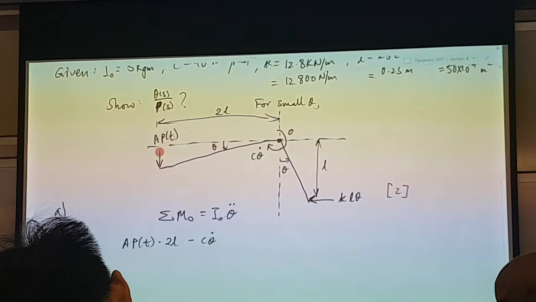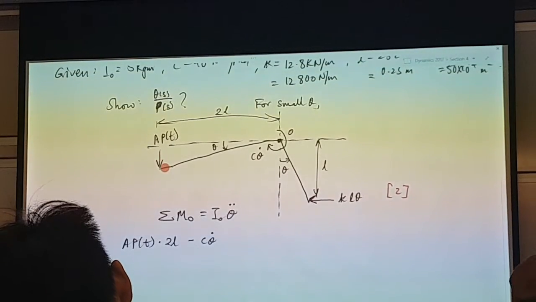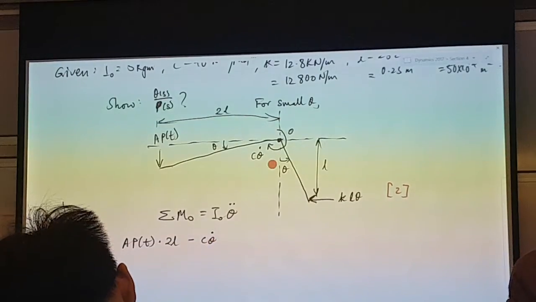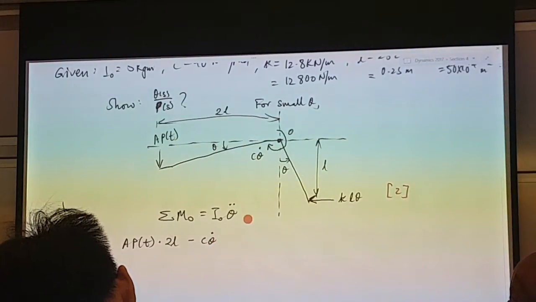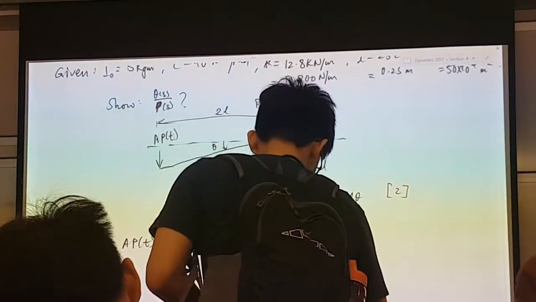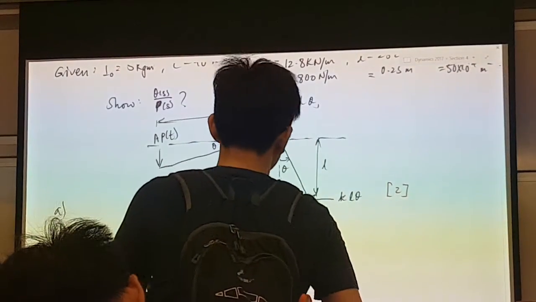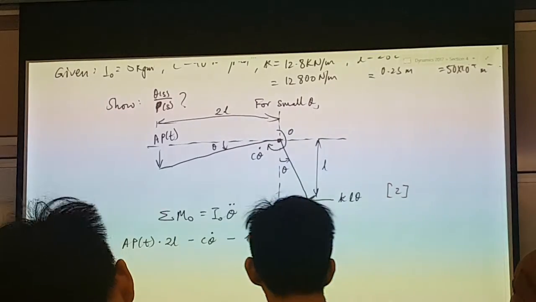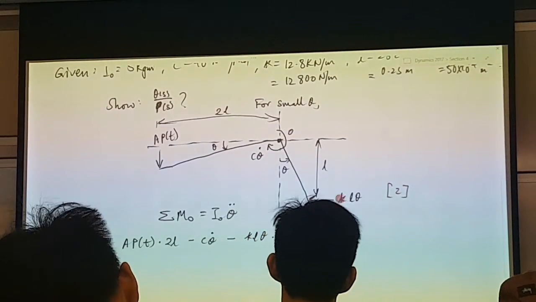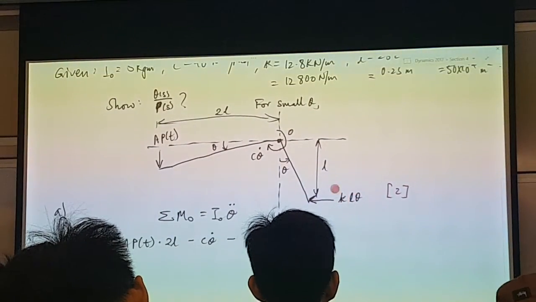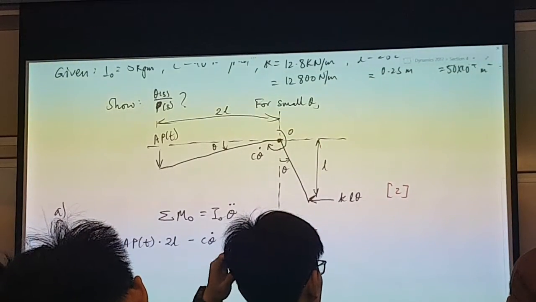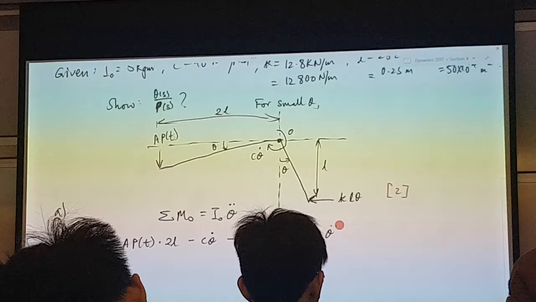The straight one means force. So it's already in moments, so I do not need to multiply anything. The last one, the spring force, is also acting in the opposite direction of my convention, so it's minus K L theta, and then it's just the force multiplied by the length L. The whole thing equals I naught theta double dot.